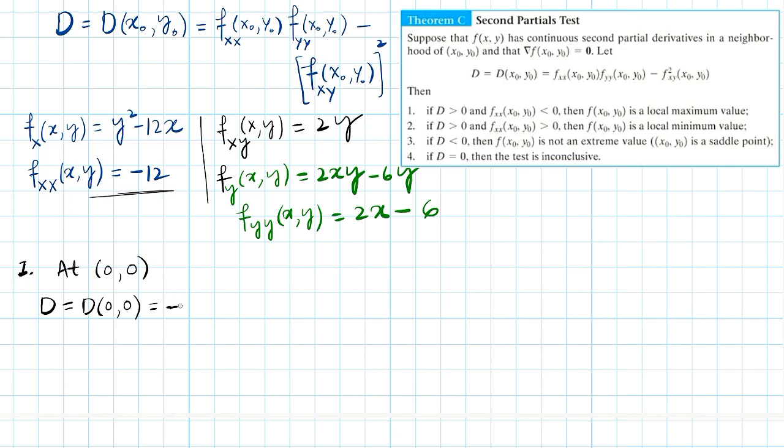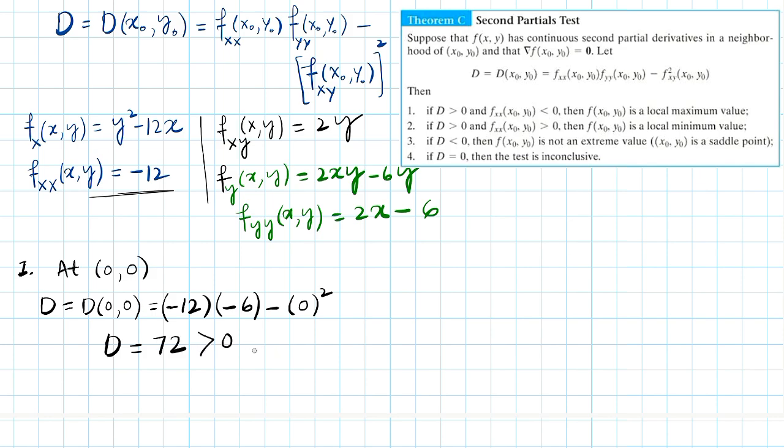So we put negative 12, multiplied by the double derivative with respect to y at 0 comma 0, which is negative 6, and then minus the double derivative with respect to xy at 0 comma 0, which is going to be 0 because there is a y, so we put 0 here, and that is 0 squared. So we get negative 12 times negative 6, which is positive 72, and 72 is greater than 0.